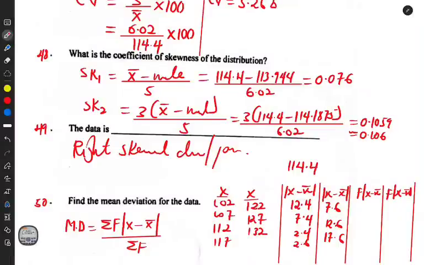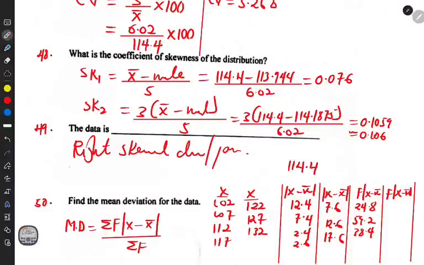So once we are through with the absolute values of the deviation, we then have to multiply that by their frequencies. The first frequency was 2, so 2 multiplying 12.4 gives 24.8. The second frequency was 8 multiplying 7.4, which gives 59.2. The third frequency was 16 multiplying 2.4, which gives 38.4.